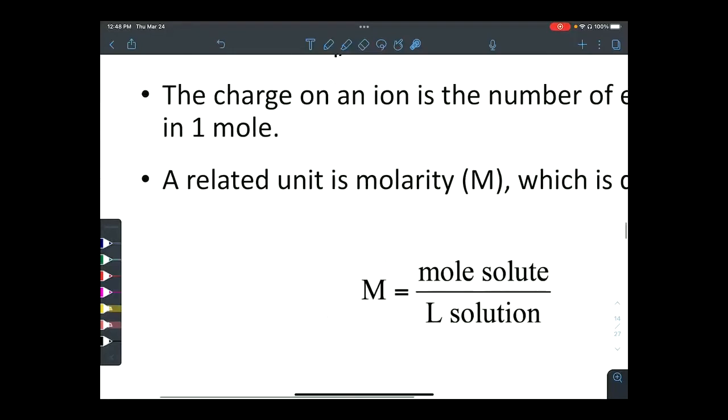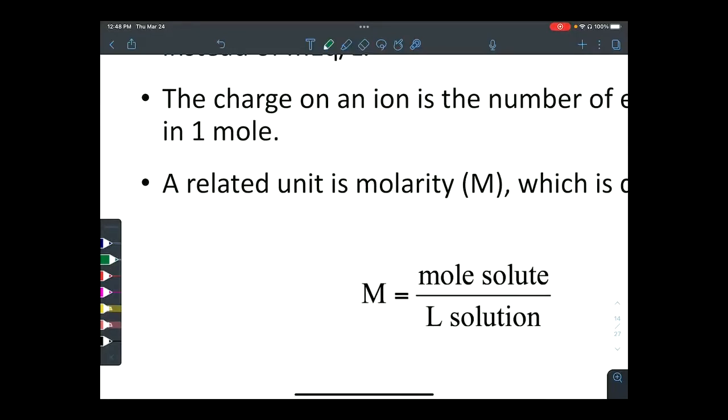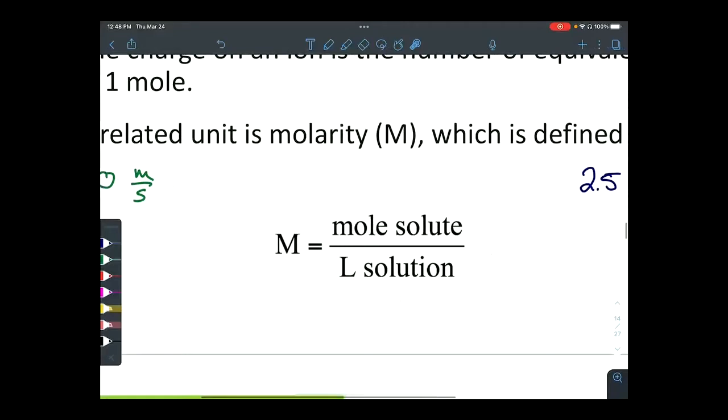Just like when we say we're traveling at 60 meters per second, in 1 second, how far do we go? 60 meters. The same idea applies with molarity: in 1 liter of solution, we have some amount of moles of solute.